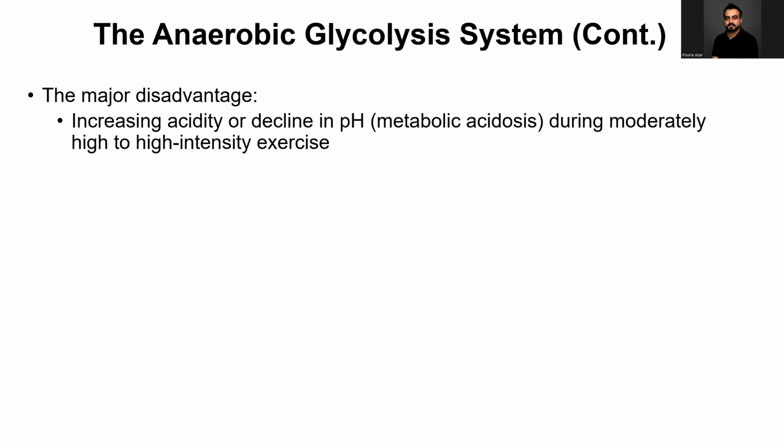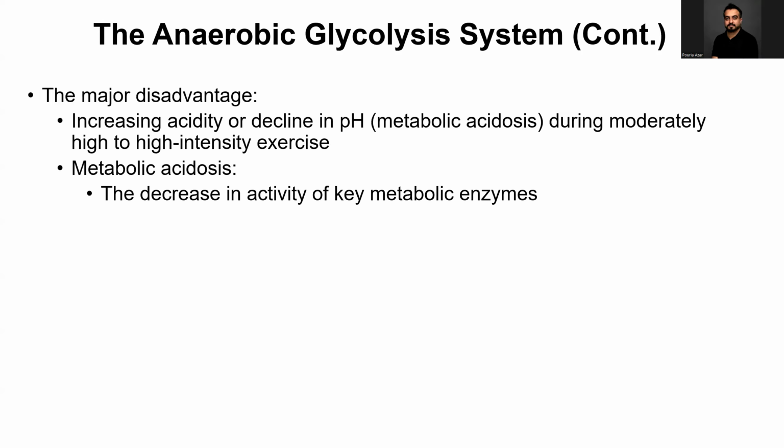Why does it increase acidity? Because it produces lactic acid, and that is an acid, and that acid leads to a decline in pH, causing acidity or metabolic acidosis. So that's one major disadvantage.